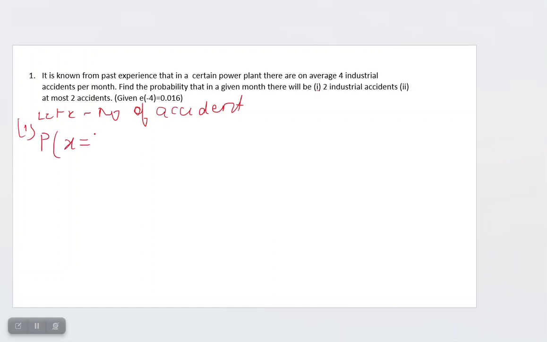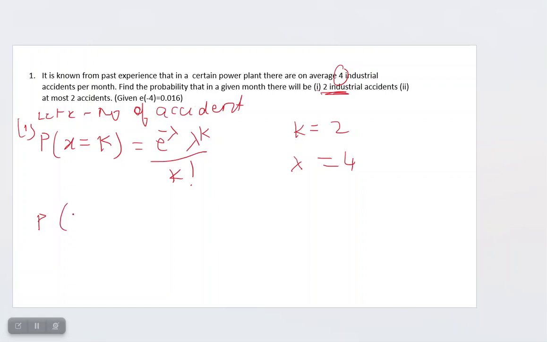In the Poisson formula, e raised to minus lambda, lambda raised to k upon k factorial, the k is the interested number. For the first sub question, k is 2 industrial accidents. Lambda is the average, which is 4.